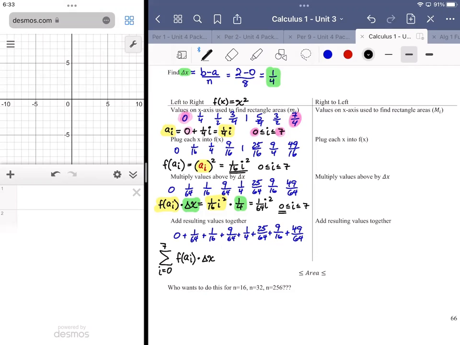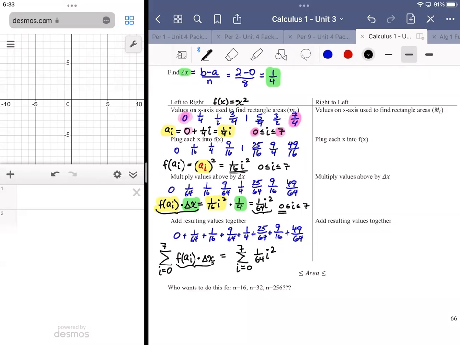Through direct substitution, because we know f of a sub I times delta x, we just figured that out, is equivalent to 1/64 I squared. Instead of writing this whole thing, I could instead say the sum from I equals 0 to 7 of I squared over 64, or 1/64 I squared. That would give me the area also.